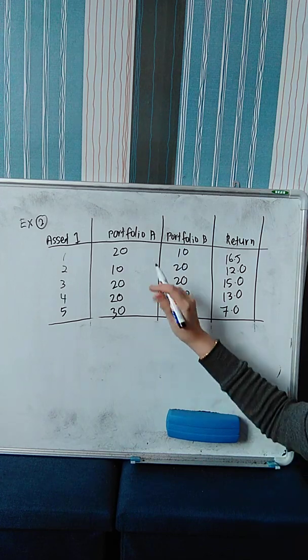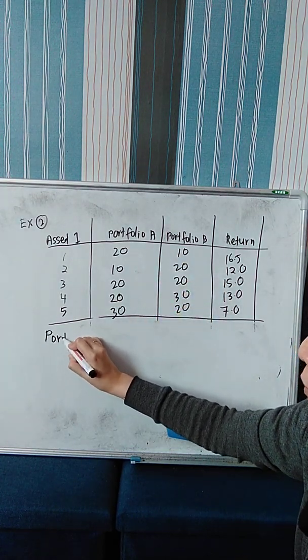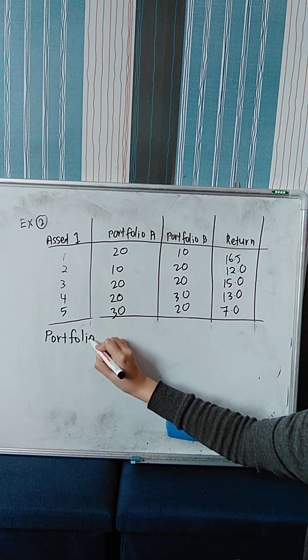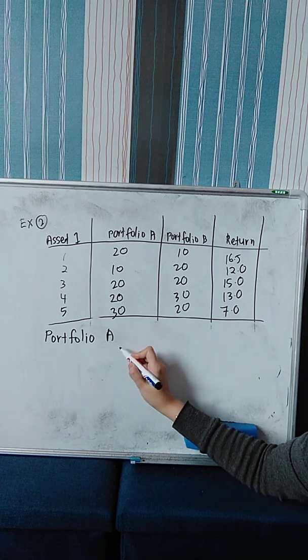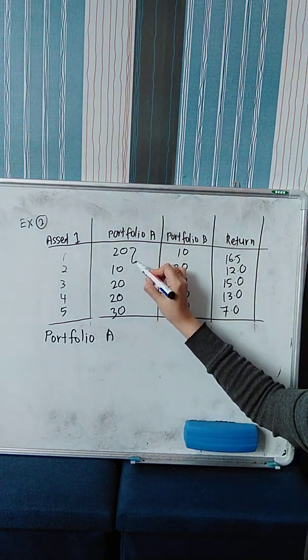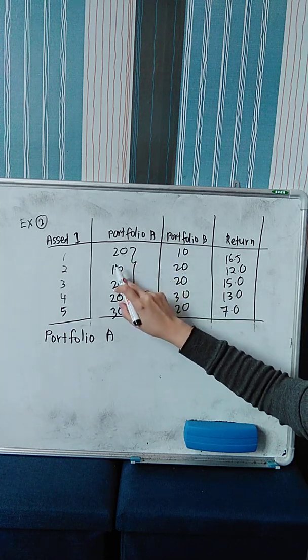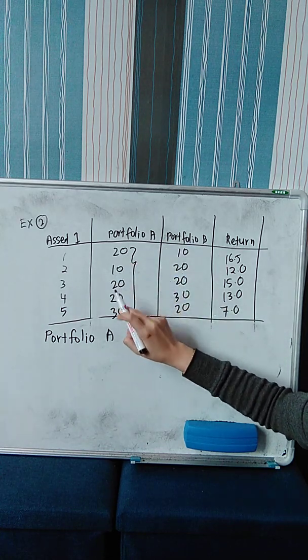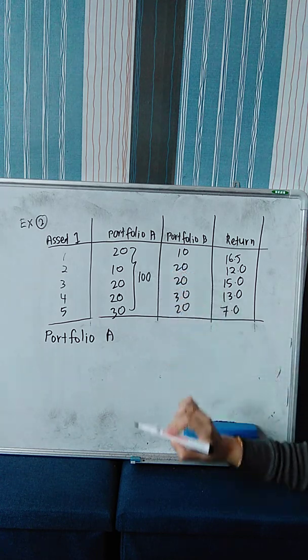So because you have two portfolios, you need to calculate one by one. Start with portfolio A. How to calculate portfolio A? First, you must total portfolio A: 20 plus 10 plus 20 plus 20 plus 30. The answer is 100.